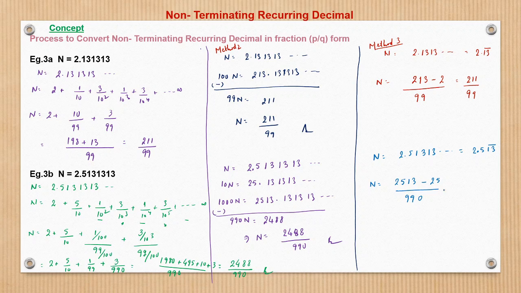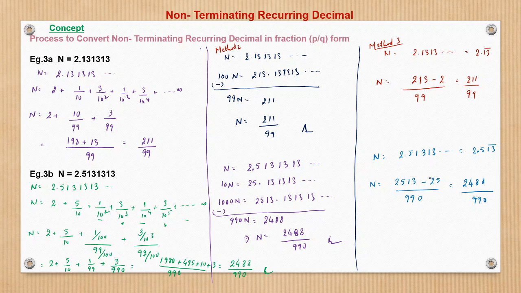Again I repeat, the formula is a very standard one, and we will make use of it to directly convert a repeating non-terminating decimal into a fraction. What does the formula say? You first write all the digits of n in the numerator, then subtract the number which is outside the bar. Here 25 is outside the bar, so this gives the numerator. The denominator is given by a combination of nines and zeros.